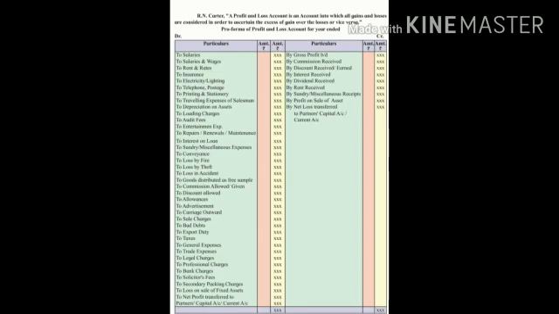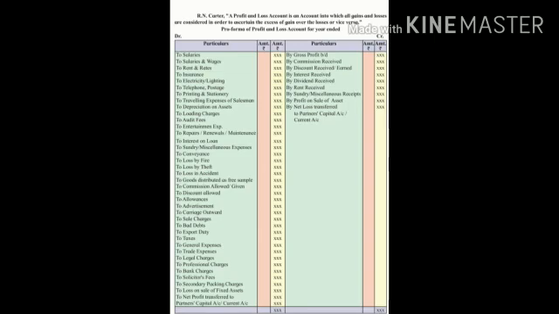Professor R.N. Carter says a profit and loss account is an account in which all the gains and losses are considered in order to ascertain the excess of gains over losses or vice versa. That means all the expenses we incur during the financial year, we have to record on the debit side of the profit and loss account.